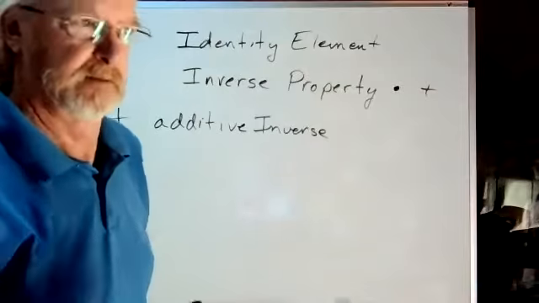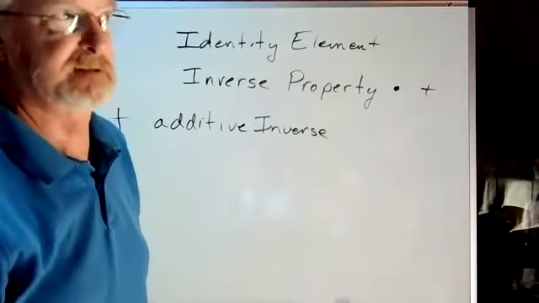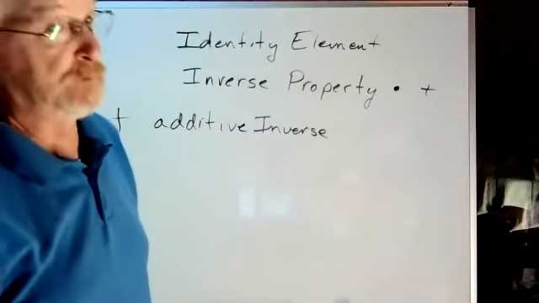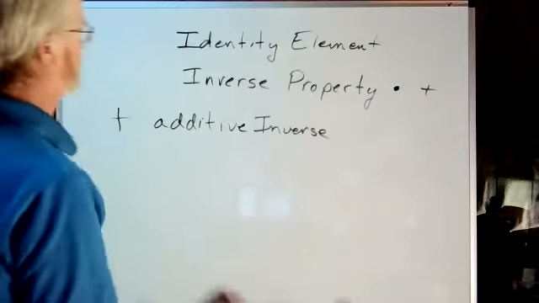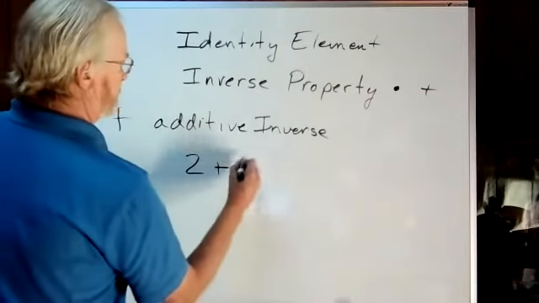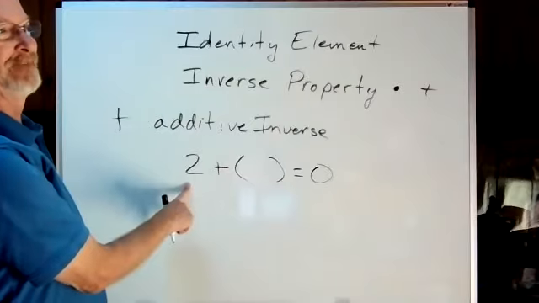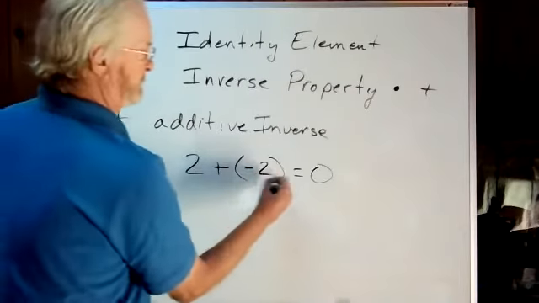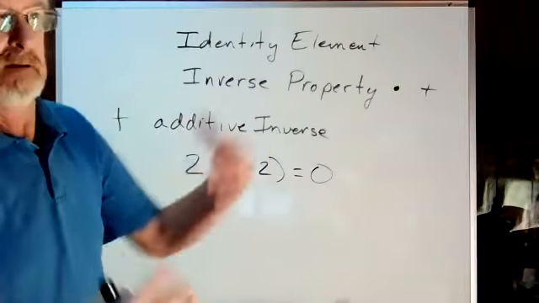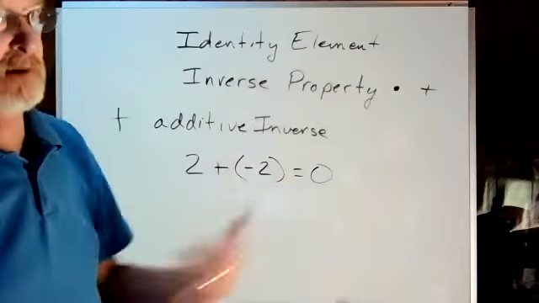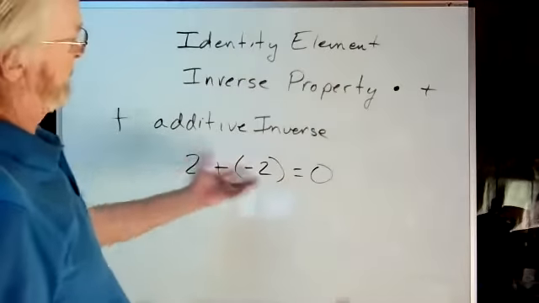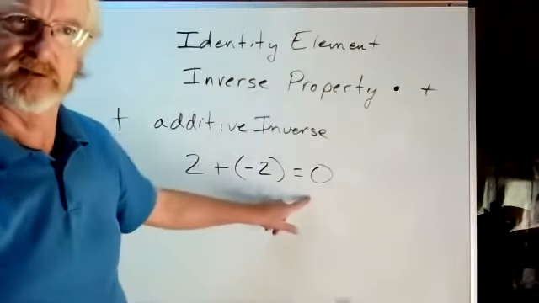Basically, they're the numbers that have opposite signs and they add up to the identity, 0. So 2 plus something equals 0. Well, the additive inverse of 2 is -2. These two numbers have opposite signs, and if you add them together, you get 0.